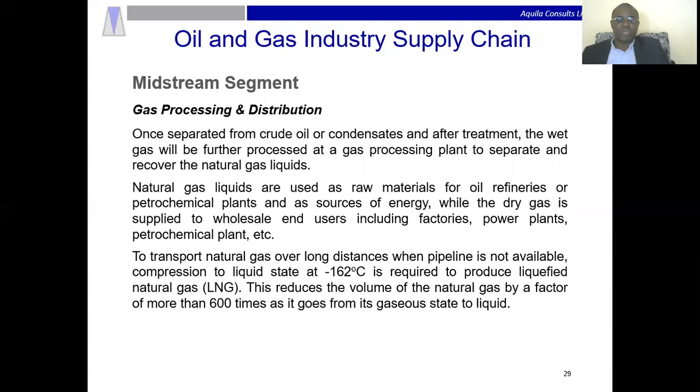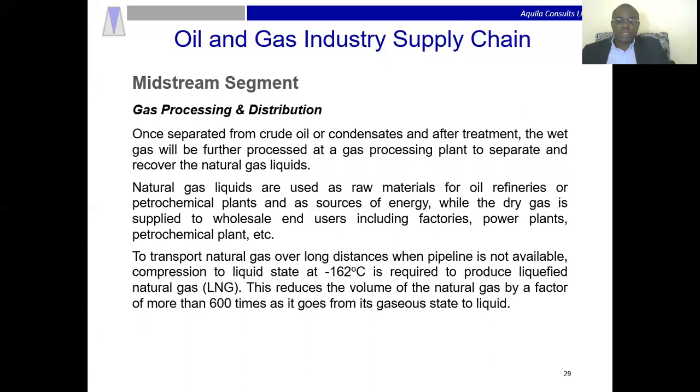So we've discussed the treatment and processing, now distribution. Sometimes if you do not have a market or end users nearby, you may have to convert your methane or natural gas to liquid to be able to ship it to a distant location.